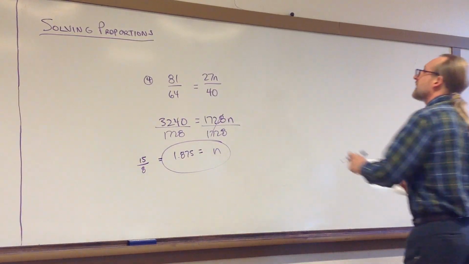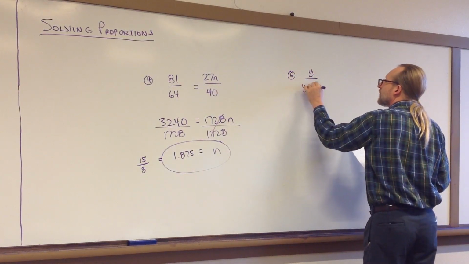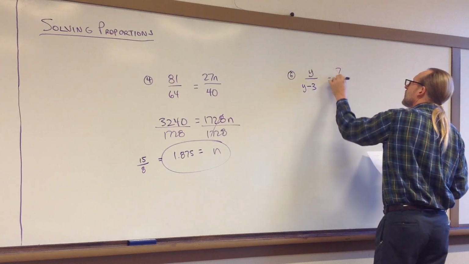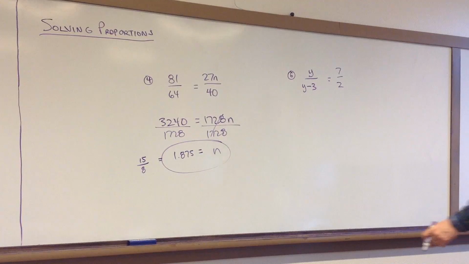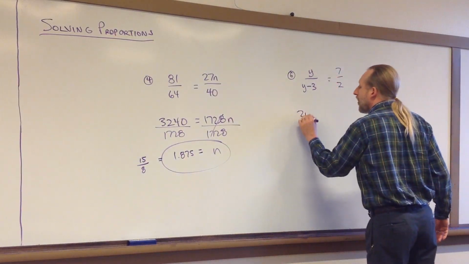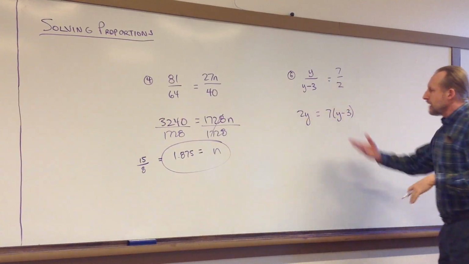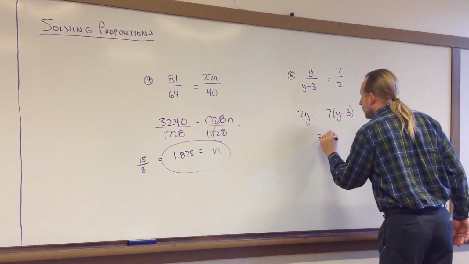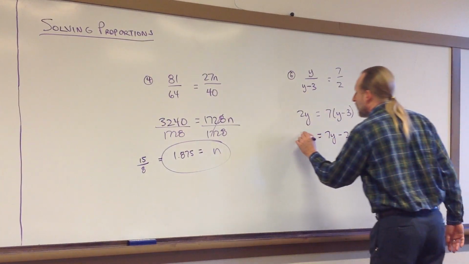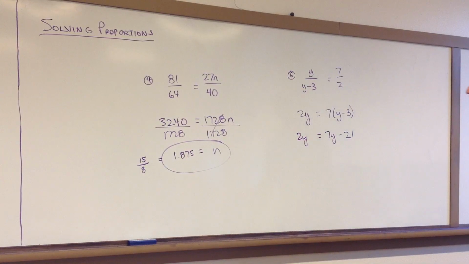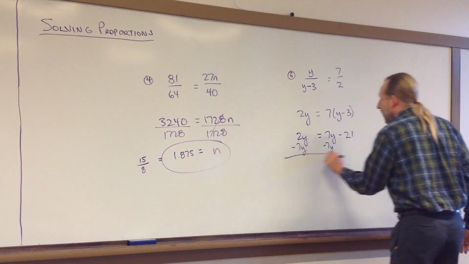Okay, problem 6. There's a little bit more going on here. y/(y minus 3) equals 7/2. So then we'll go ahead and cross multiply, and we'll say 2y equals 7 times (y minus 3). You can do that multiplying in one step too if you want, but I'm just going to take an extra step here to get to that 7y minus 21, 2y over here. Okay, so let's subtract 7y on both sides, right?